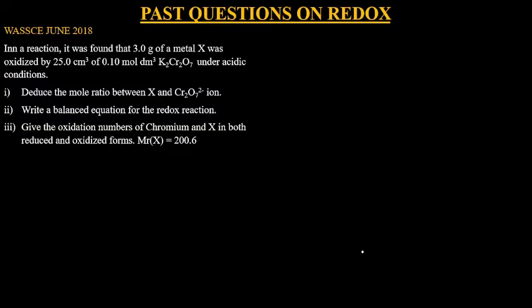Deduce the mole ratio between X and chromate anions. Then write a balanced equation for the redox reaction. Then give the oxidation number of chromium and X in both reduced and oxidized form. Okay, so let's look at how we can solve this question.